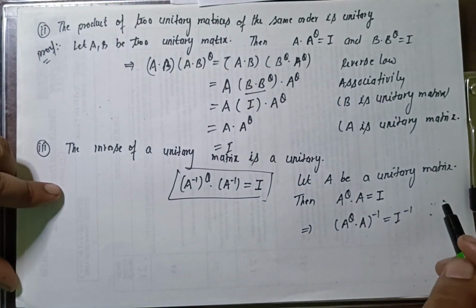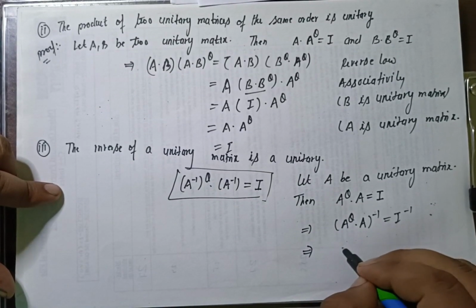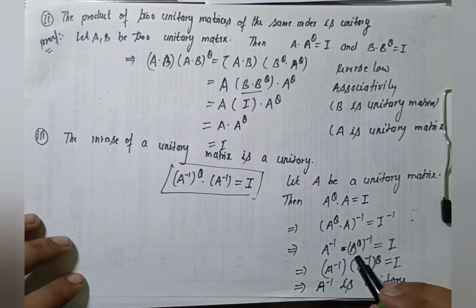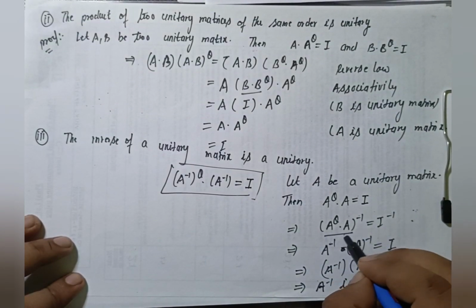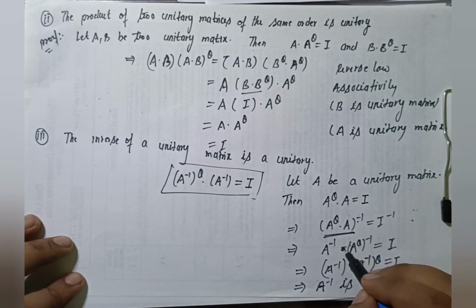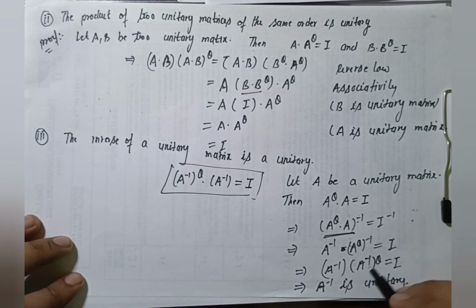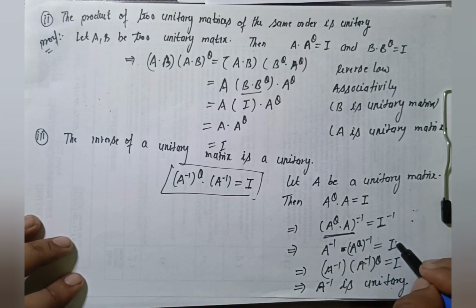If two matrices are equal, then their inverses will also be equal. Now by taking the inverse, it will follow the reverse law, the reverse property of the inverse, that is A inverse into A theta inverse equals identity. So A theta inverse we can write as A inverse theta, equal to identity, because the inverse of the identity is again identity.